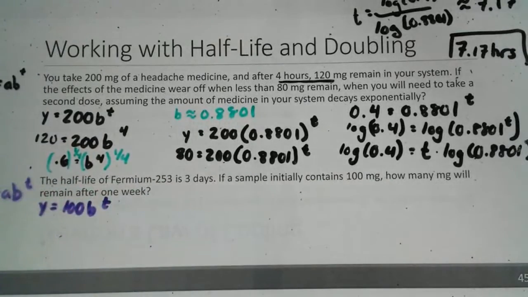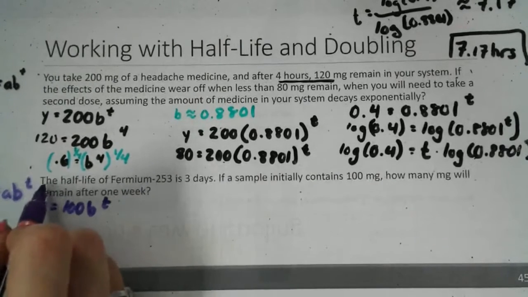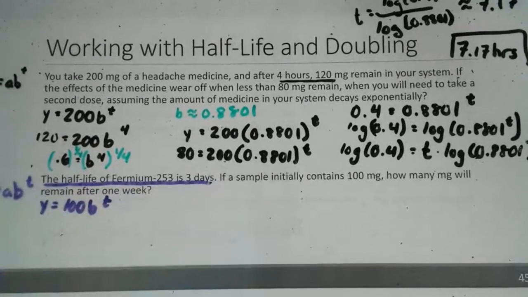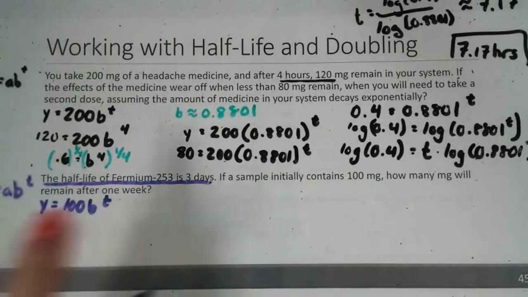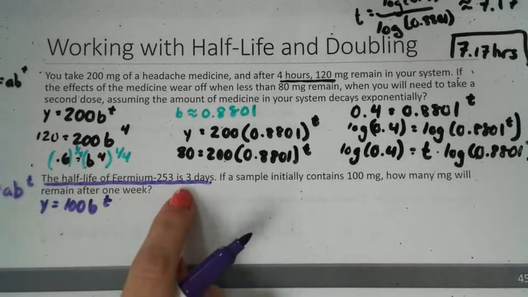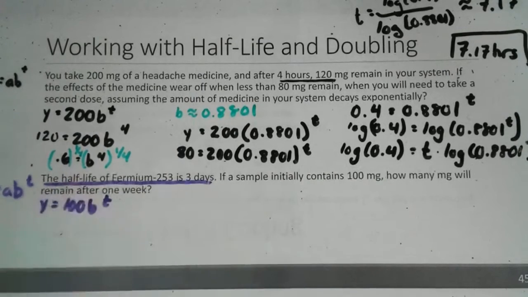This time it's not clearly expressed, but we can figure out, based on this sentence, one of our points. The half-life is 3 days. So that means after 3 days, so time is going to be t equals 3, we're going to be down to half of what we started with.